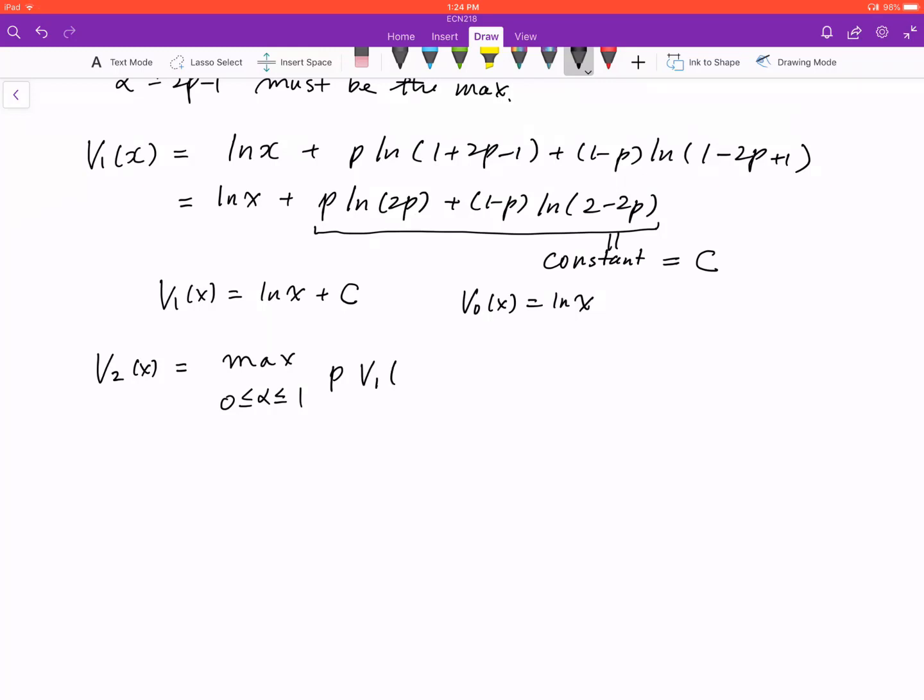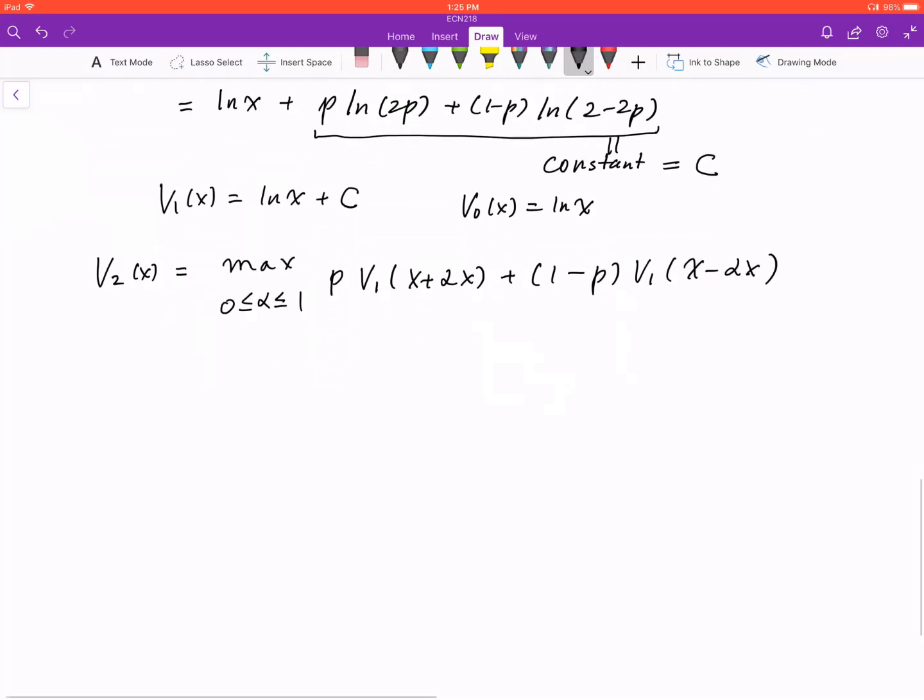Now, x plus y becomes x plus alpha x and plus (1 minus p), and v1 of x minus alpha x. Okay. So from over here, now we need to use this v1 of x. So remember, v1 of x is log x plus c, right? And then we're going to plug it in over here and plug it in over here. So this is what we have. We have maximum alpha less than or equal to 1, bigger than or equal to 0.